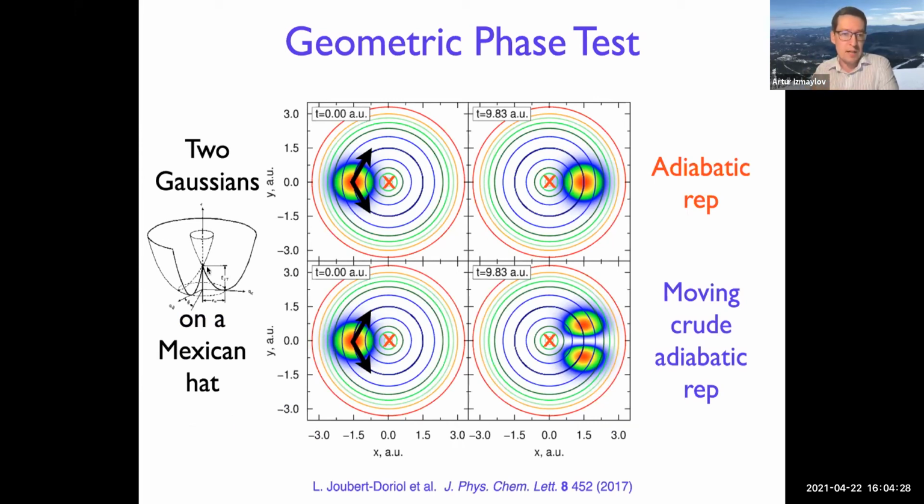We have a conical intersection with cylindrical symmetry, and you put two Gaussians and make them go around the conical intersection so that they meet on the other side. The usual adiabatic representation doesn't introduce the proper destructive interference due to the geometric phase, because it's missing the geometric phase. But in this moving Born-Oppenheimer-type representation, we can see at a later time the destructive interference. This is just a density plot. You can see the nodal line appearing here when the two Gaussians move to the other side.